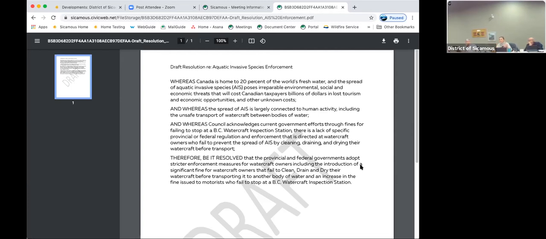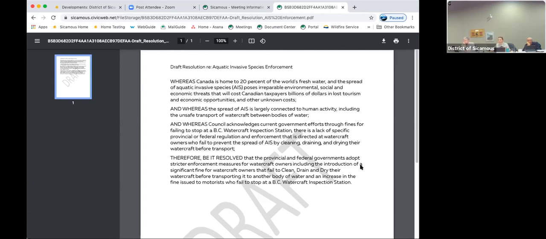But that person, because there was no border check, didn't do anything to their boat to make sure that they weren't transporting mussels. So what I'd like to do is put the onus on the watercraft operator and perhaps get a resolution moved and perhaps into law that it's illegal to move a watercraft from one body of water to another without clean, drain, and dry.